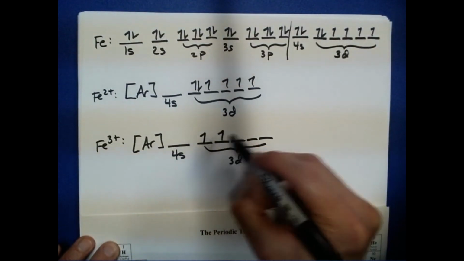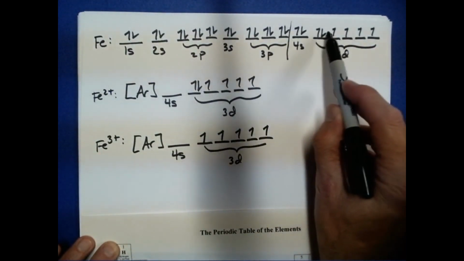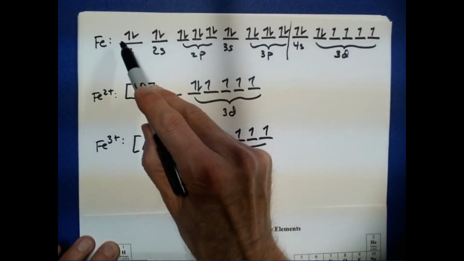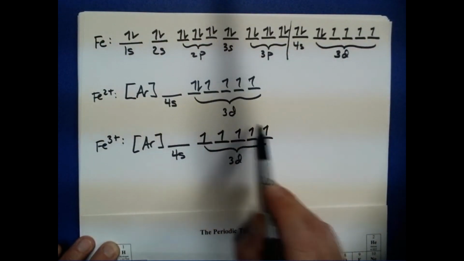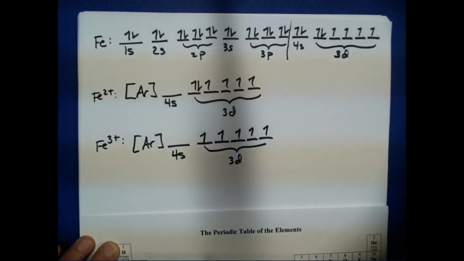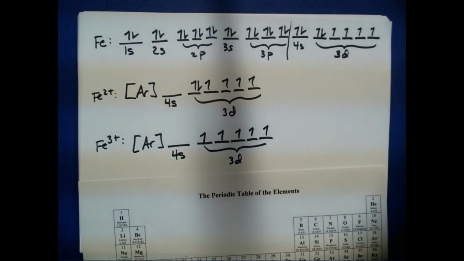So I'm going to put in 1, 2, 3, 4, 5. I've removed these 2 electrons and this 1 electron from the atom to make the iron 3+ ion, and I see that I have all these electrons aligned because we remember this idea that nature likes to have magnetism. It likes to have these electrons aligned, and we also get a half-filled subshell to boot.